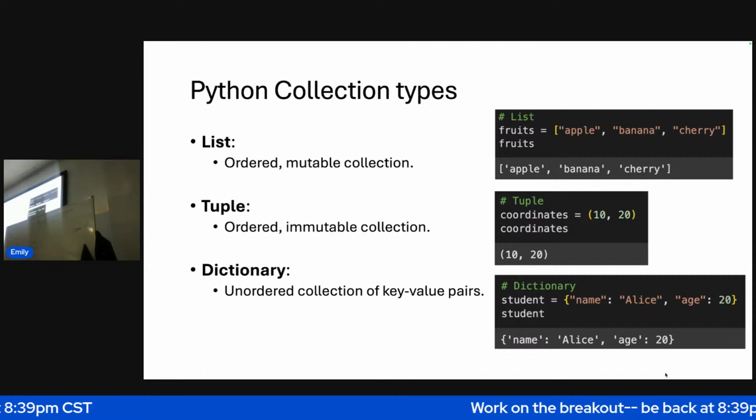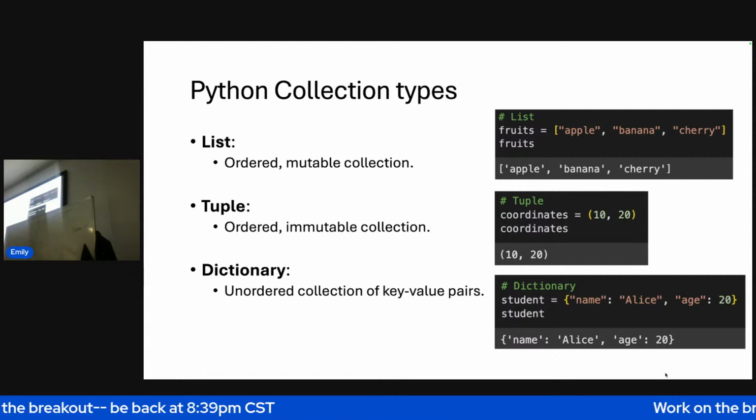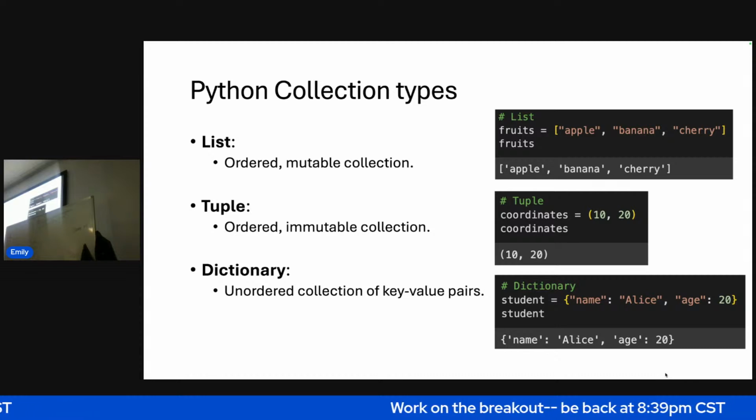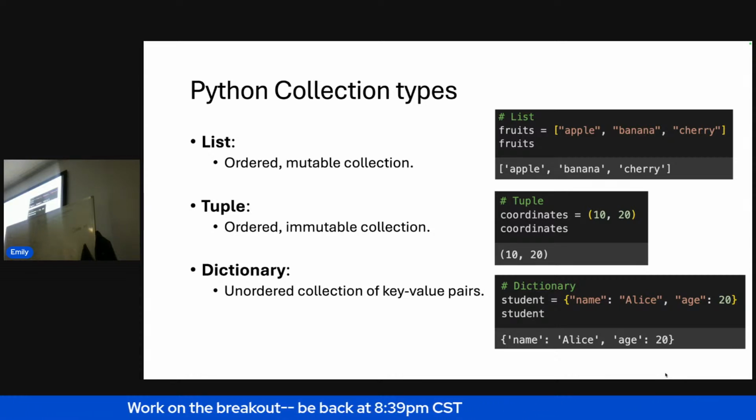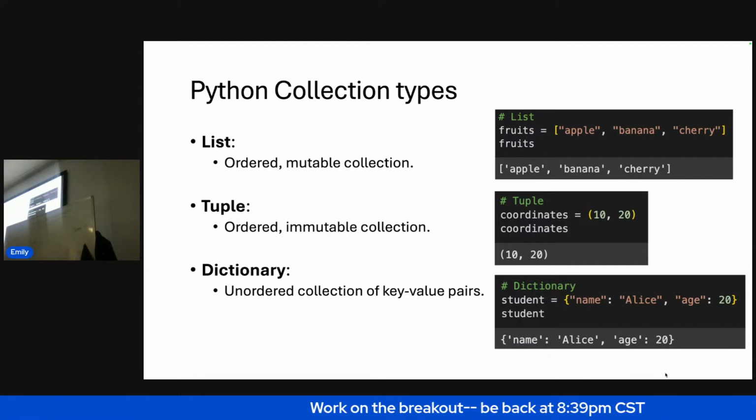And a tuple is a different type of collection. It's a different type of Python collection where we can still store pairs. It's an ordered immutable collection. That's how I'll say it. So here we have coordinates equals, and its syntax is to use the parentheses here. So 10, 20.